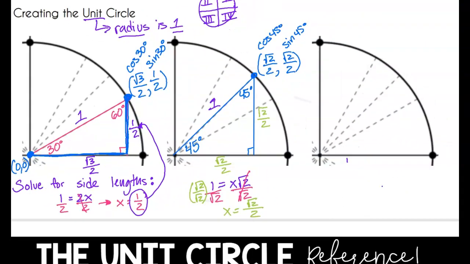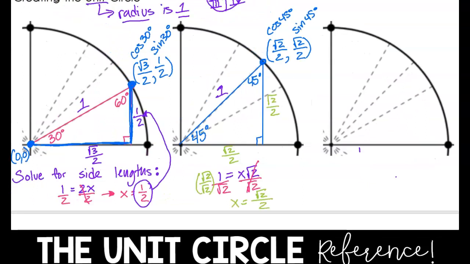And lastly, this is the easiest one because we've technically already solved for this triangle. It's actually the exact same triangle as our first triangle, it's just the values are in different spots. So this again is a 30, 60, 90, but the difference is the 60-degree angle is now the reference angle at the origin. So this is our 60-degree angle and this is our 30-degree angle.